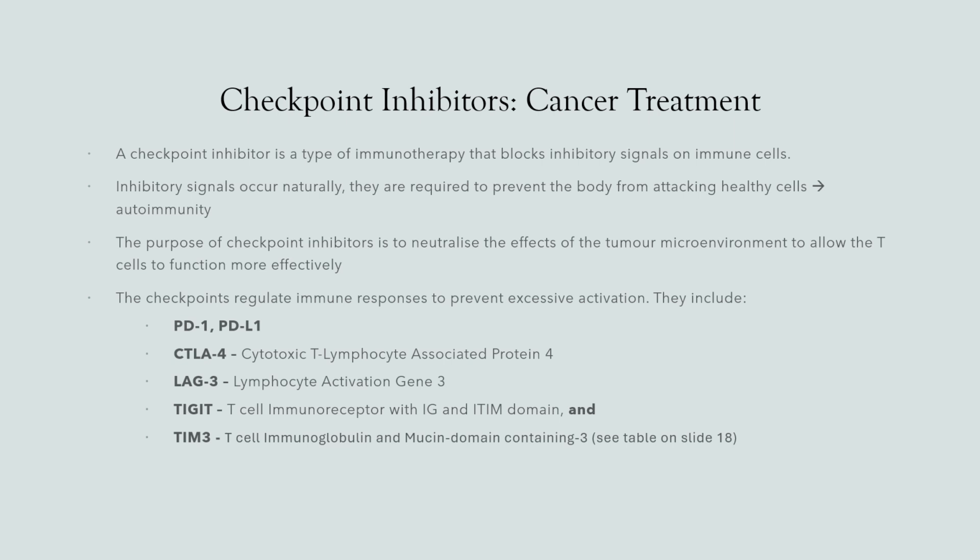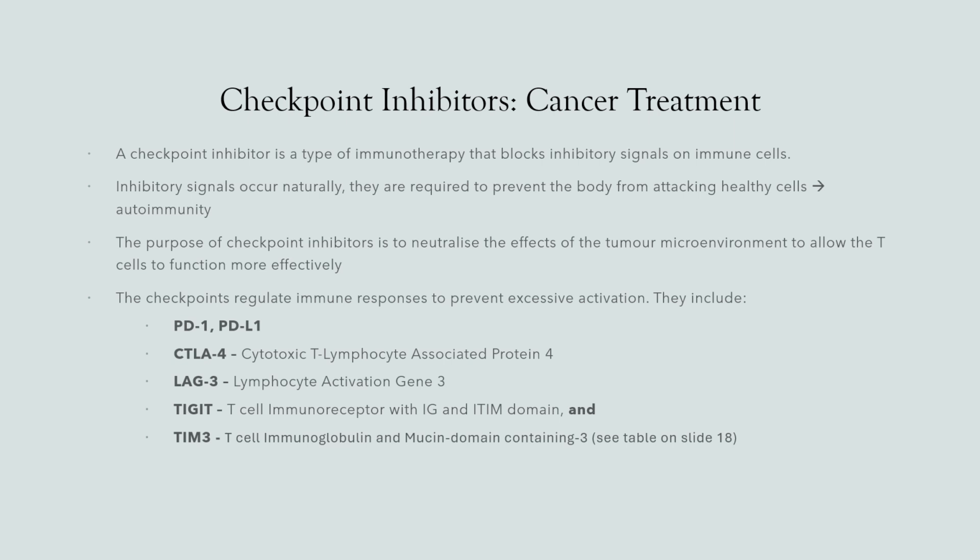And then we've got this TIGIT, which is a T cell immunoreceptor with Ig and ITIM domains. Now this TIGIT competes with another surface marker called CD226 for the binding of CD155. So this TIGIT is like an off switch for T cells and for natural killer cells, and tumor cells take advantage of this by increasing the CD155 expression.